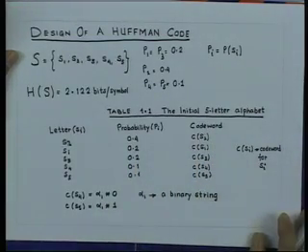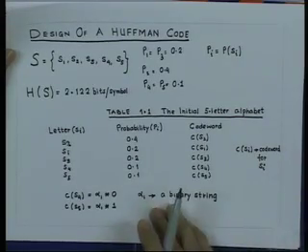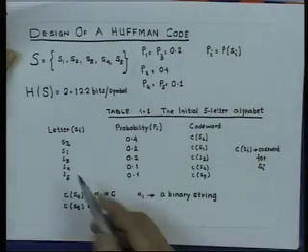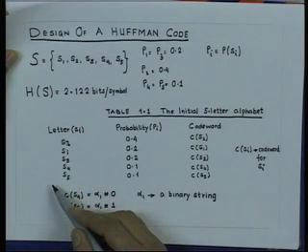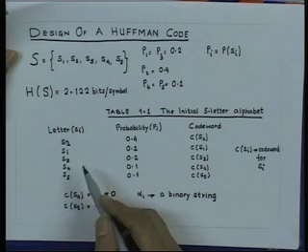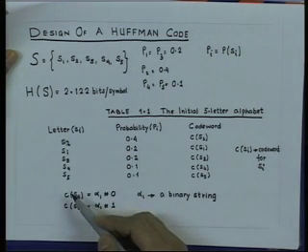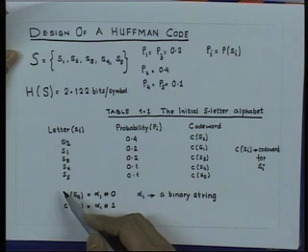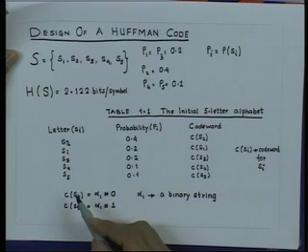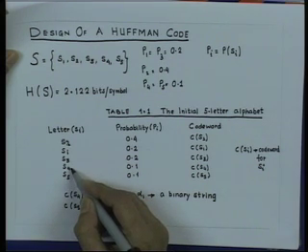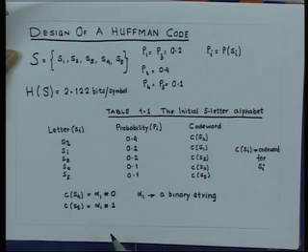Now the second step is to define a new alphabet S dash. This is your S, and now we define a new source alphabet S dash with a 4-letter alphabet obtained by combining these two source symbols S4 and S5. So this can be explained as follows.